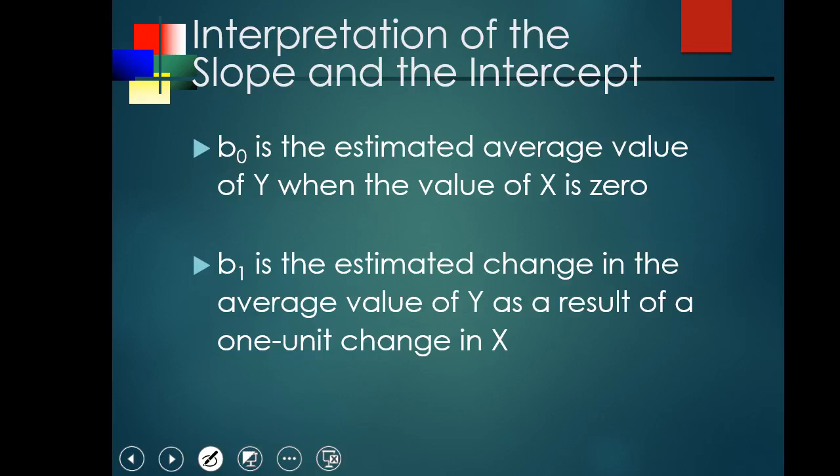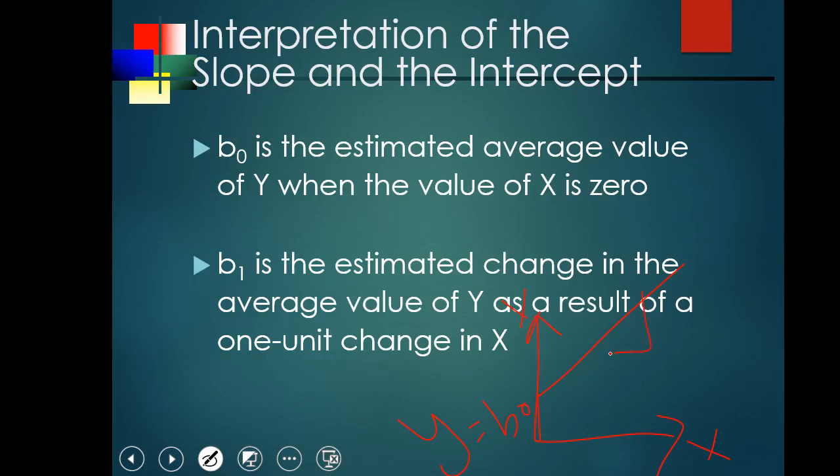So if x is 0, the value of y will be beta naught. Now beta 1 is the estimated change in the average value of y as a result of a unit change in x.